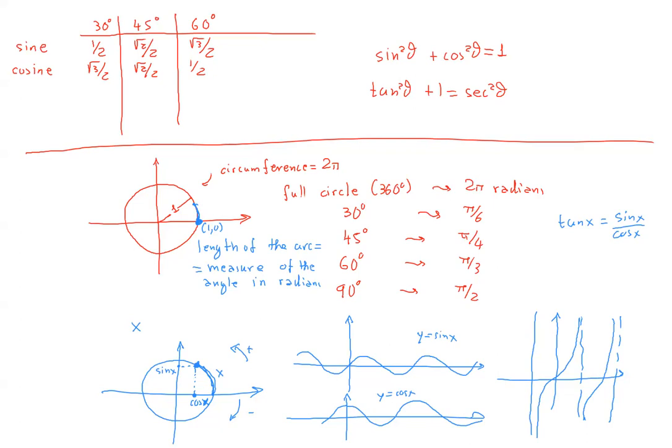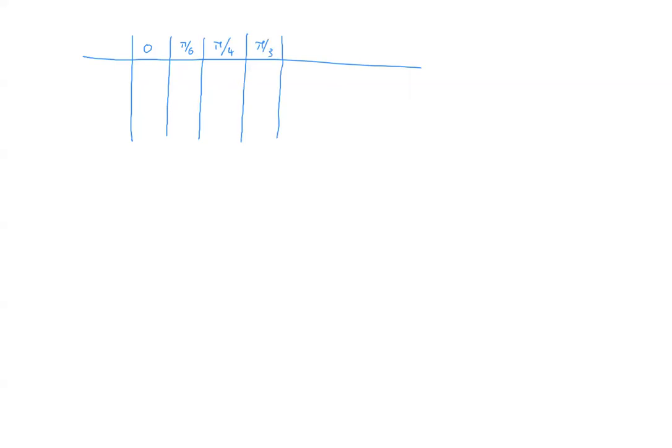So if we would like now to revise a little the table that I gave you before, now we could use a few more angles. So let's say 0, pi over 6, pi over 4, pi over 3, pi over 2.